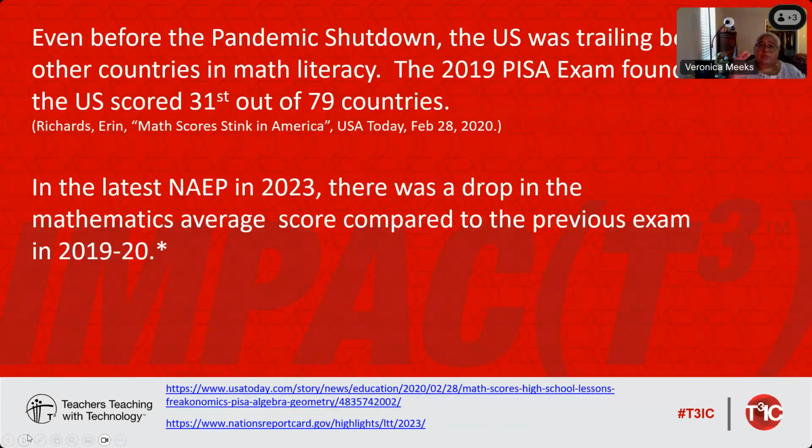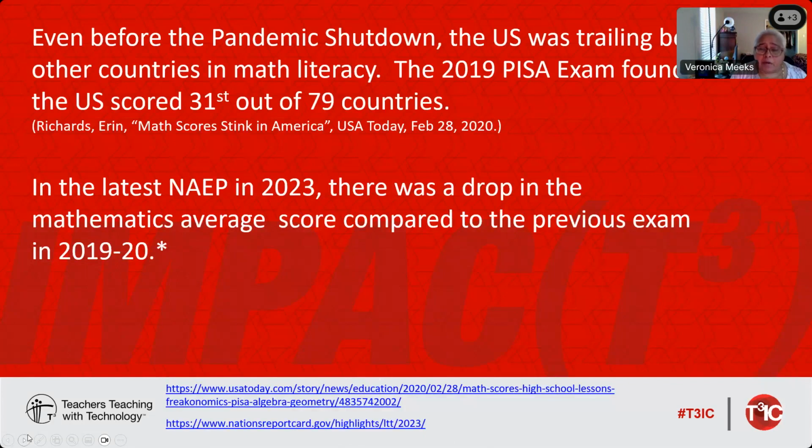Okay, so there are some issues that we had. Even before the pandemic, the US was trailing other countries in math literacy. The 2019 PISA exam, which is given internationally to different countries, found the US scored 31st out of 79 countries. This was from a USA Today article in 2020.